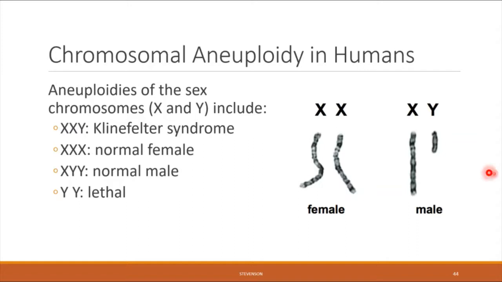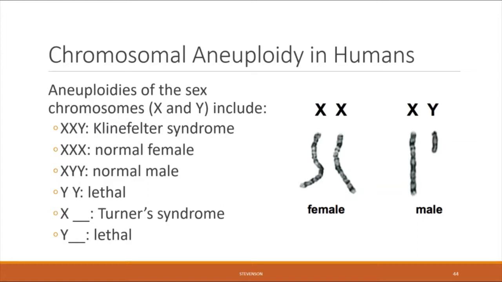As you can see, the Y chromosome is actually much smaller than the X chromosome. It carries far less genetic information, and while you can survive on 2 X chromosomes, you cannot survive on 2 Y chromosomes. In fact, you can actually survive on just a single X chromosome. That's known as Turner syndrome, to have 1 X and your other sex chromosome is missing. But having a single Y is also lethal.